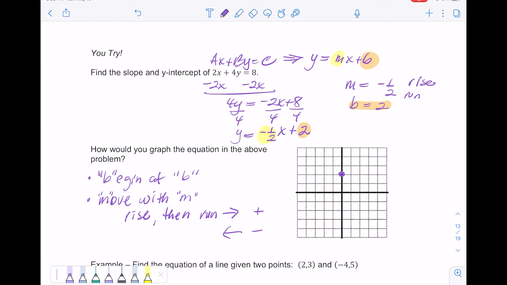So I'm going to rise 1 from that purple dot that I have there. I'm going to go up 1, and then since it's a negative, I'm going to run to the left 2 times. So from that first purple dot, the y-intercept, if you go up 1 and left 2, now you've got your line. And then lines, remember, have arrows because they go on forever.